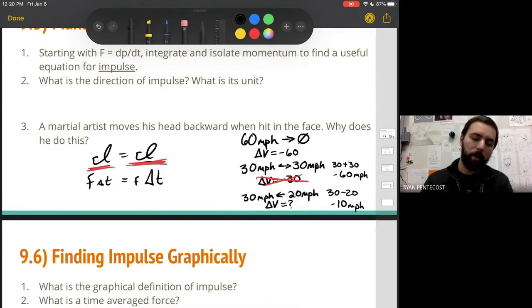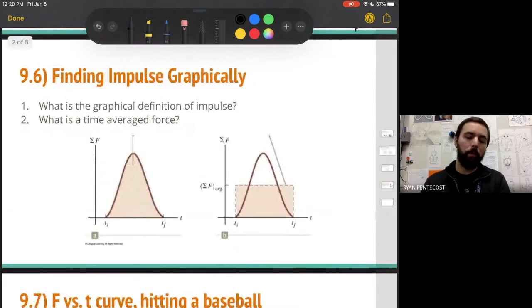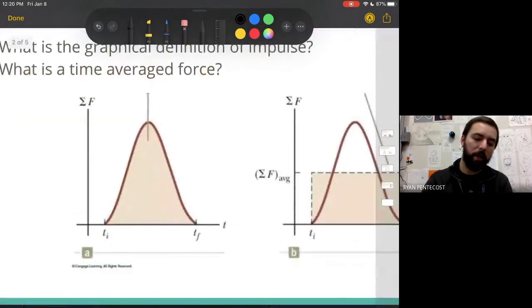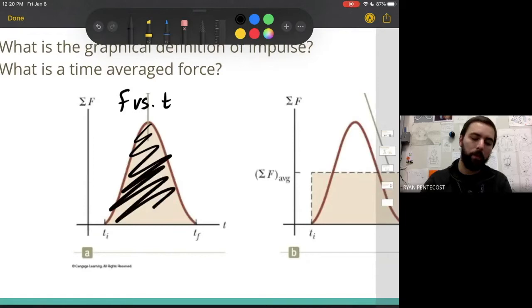All right, now let's talk about finding impulse graphically. Okay, what is the graphical definition of impulse? So the graphical definition of impulse is the area under this F versus T, right? We have F versus T right here, and this shaded in area, that is impulse, right?